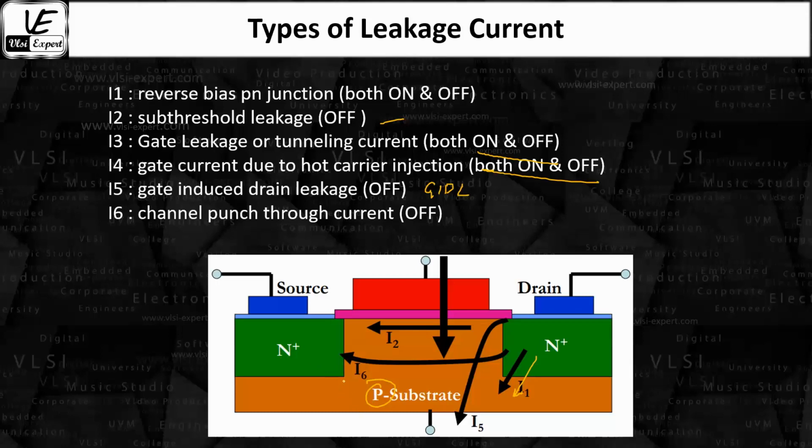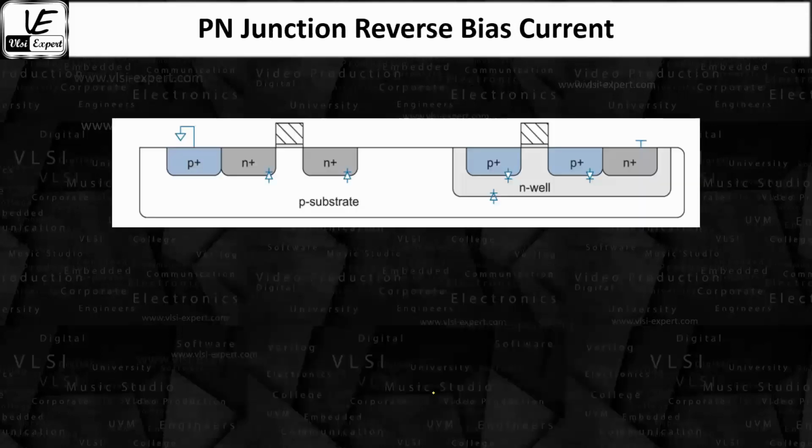This P and N plus forms a PN junction, and this P and N plus forms a PN junction. We can call them parasitic diodes. These parasitic diodes are responsible for the reverse saturation current, which is responsible for the leakage power.